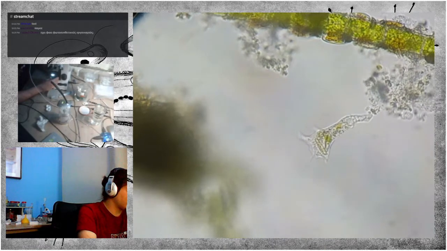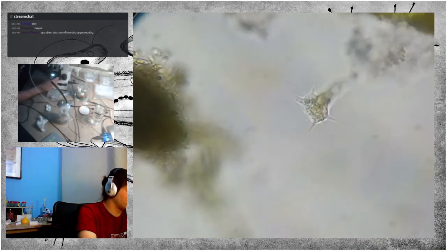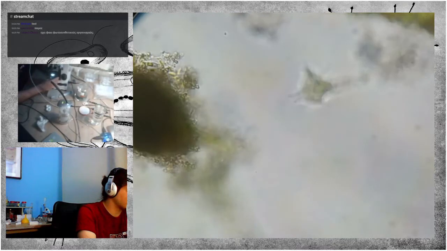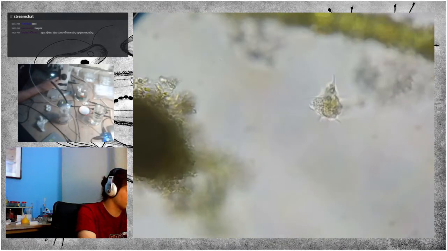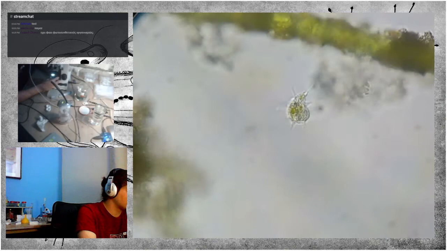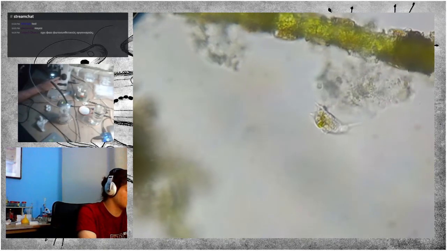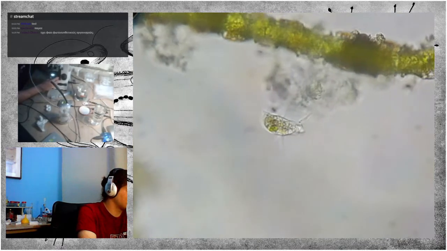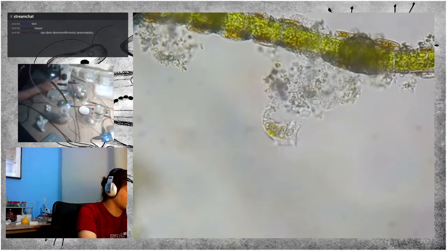It is probably looking for other organisms that are passing by to latch onto and engulf them with cytoplasm and form a cyst around the organism, and then insert digestive enzymes inside the cyst, and then obviously digest them, and then make excretions.